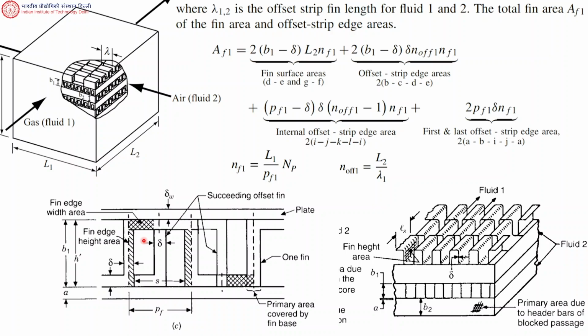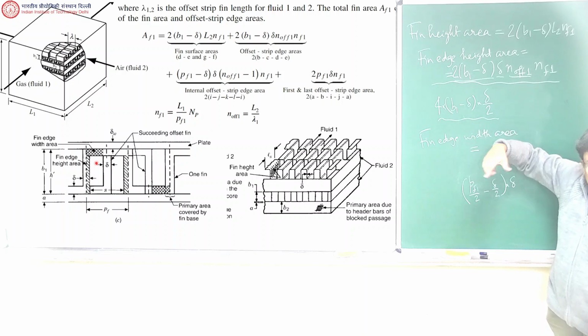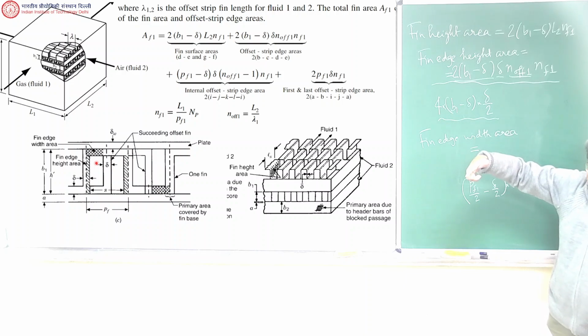But how many such areas are there? Remember when we did this earlier, we identified that there will be 4 such areas and multiplied by 4. Here we have to do the same thing.